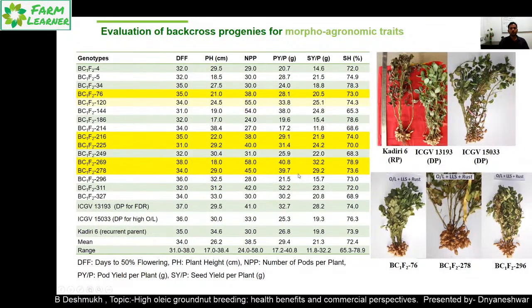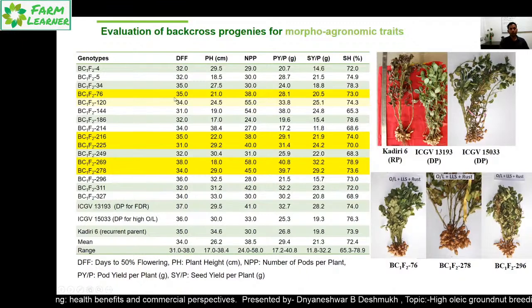Now, we had the target trait tested for late leaf spot and rust. Then we had the testing for oleic acid content as well. If you look at the agronomic profile, these lines were also on par with or equal to Kadiri 6, which is a very popular cultivar.